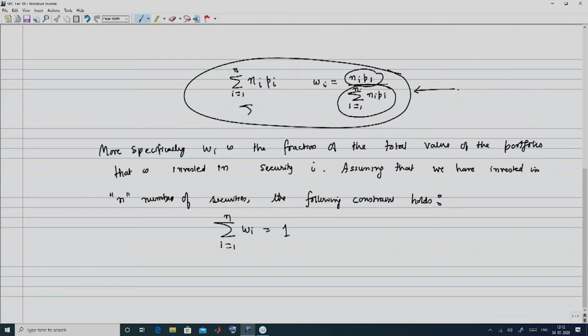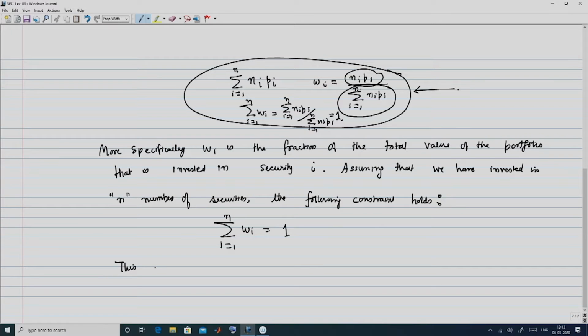If you observe here, summation W i, i equal to 1 to n, is simply going to be summation N i P i, i equal to 1 to n, divided by summation N i P i, i equal to 1 to n, which is equal to 1. So, essentially this means that all the fractions have to add up to 1.